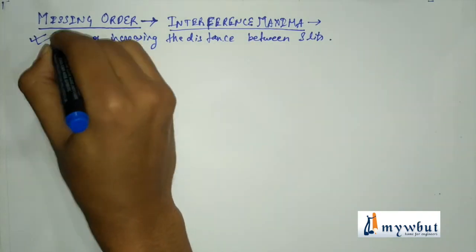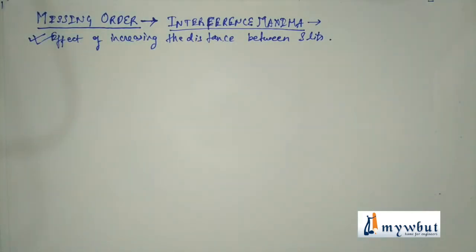So shortly, missing order or interference maxima can be defined as the effect of increasing the distance between the two slits or the number of slits.